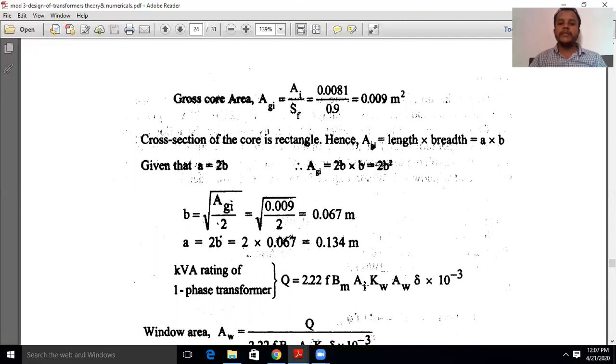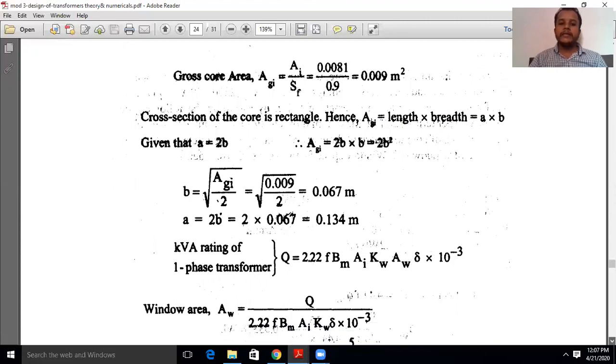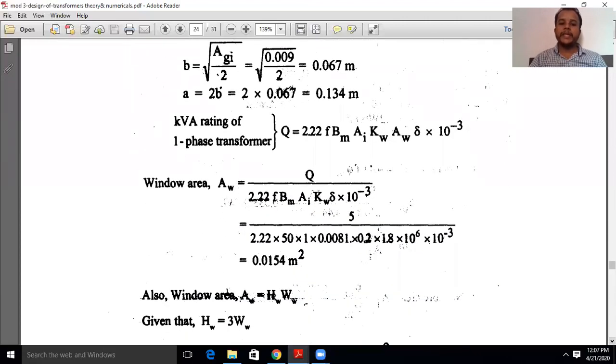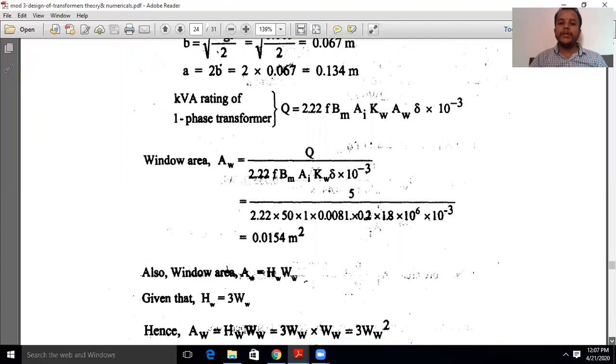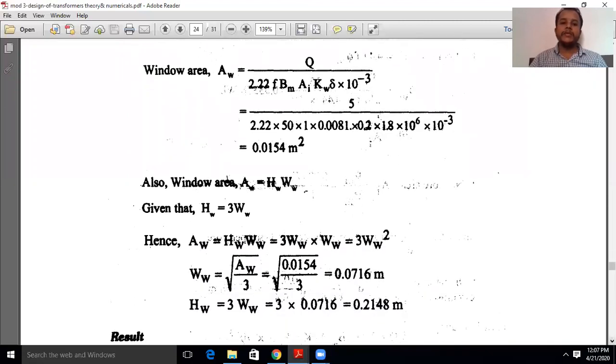Now the KVA rating of the transformer, by taking this, we can calculate the window area Aw. Now this is the window area. We have this formula: Aw is equal to Hw into Ww. Now Hw will be 3 times Ww as per the given data. Hw is equal to 3 times Ww.